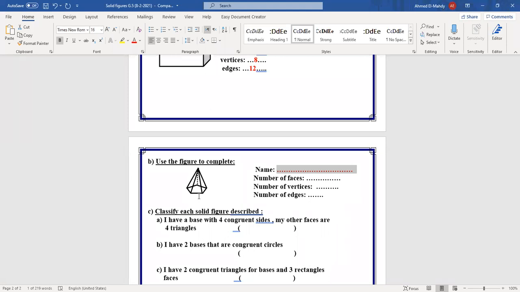What is the shape of its base? Count how many sides are in its base. 5. Here the base is a pentagon. For that, this will be a pentagonal pyramid.